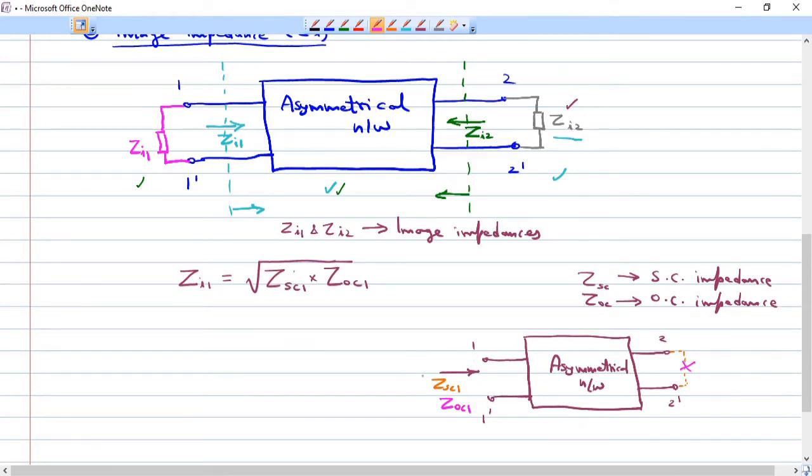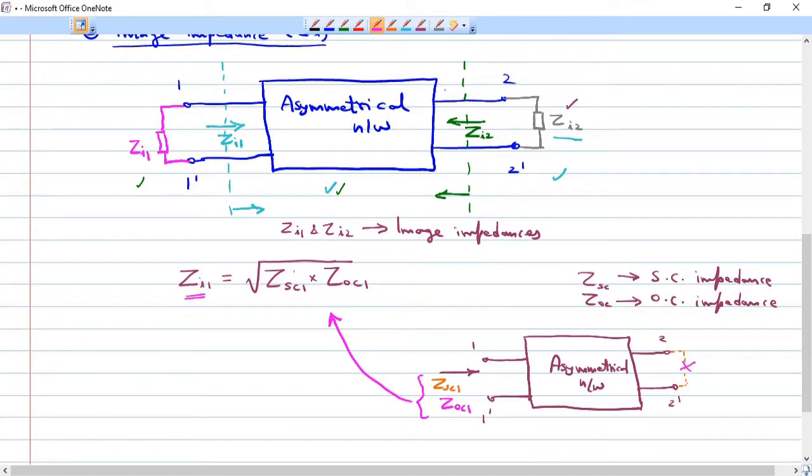Then you take the geometric mean of these to get the image impedance Zi1, that is the image impedance with respect to port 1. You could obtain it like this.